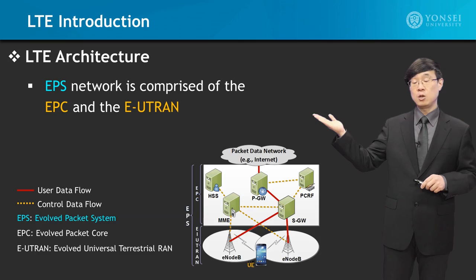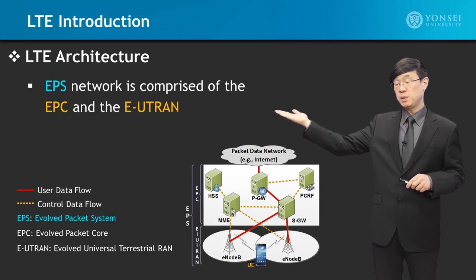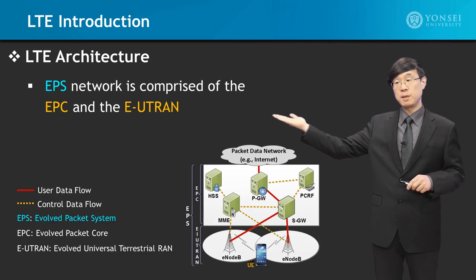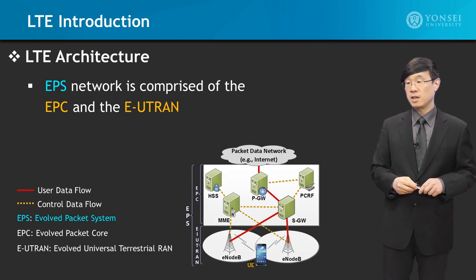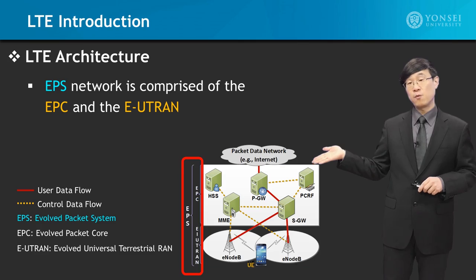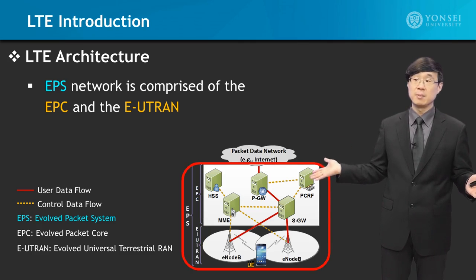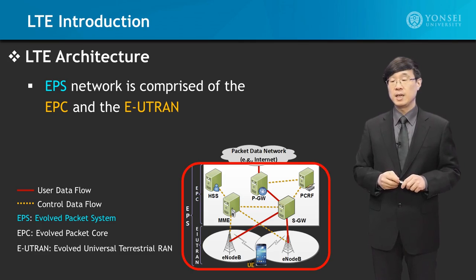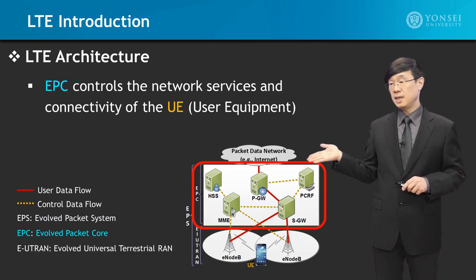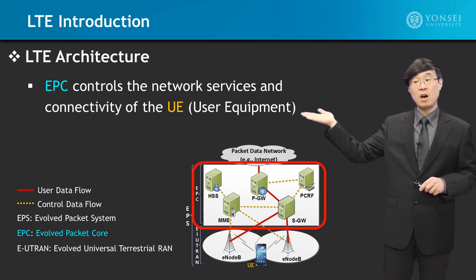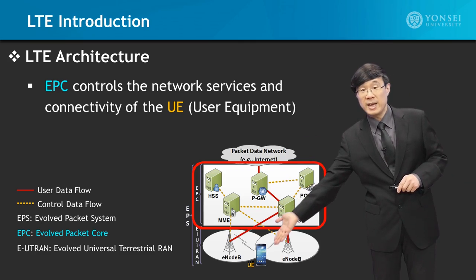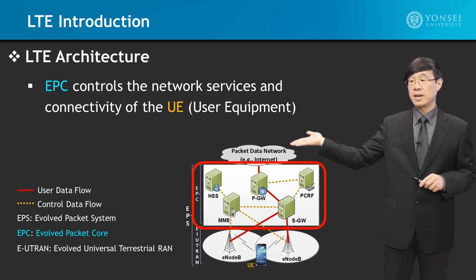Then there are the units of the EPS, which include 2 units, the EPC and EUTRAN, as explained before. Going into some of the details, you can see that these are the 2 units that are included inside, where the EPS, therefore, is like the entire system that is connected to the internet. It includes the unit of the EPC, which is the unit that controls network services and connectivity of the UE, your device, that connects to the internet right here.